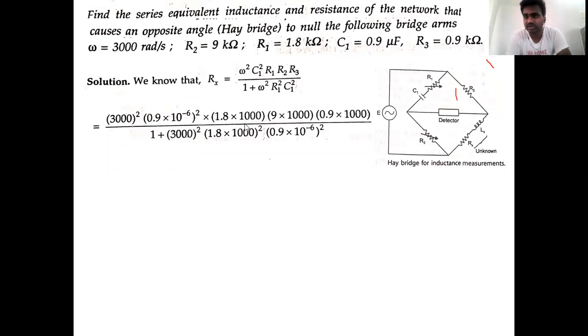Solve the numerator separately, solve the denominator separately, and divide. So it will be simple, otherwise the things will be complex. Okay, solve along with me, students. So what will be the answer? Let me check.